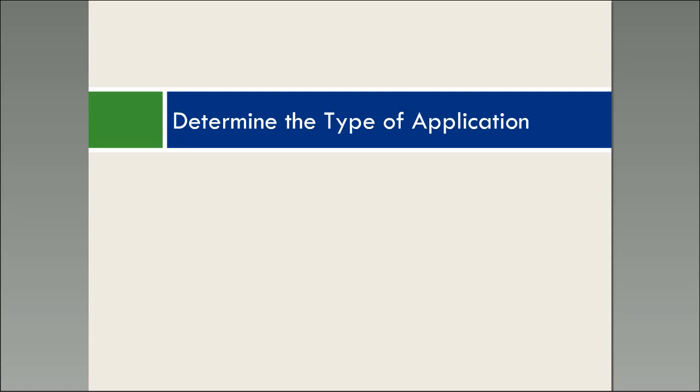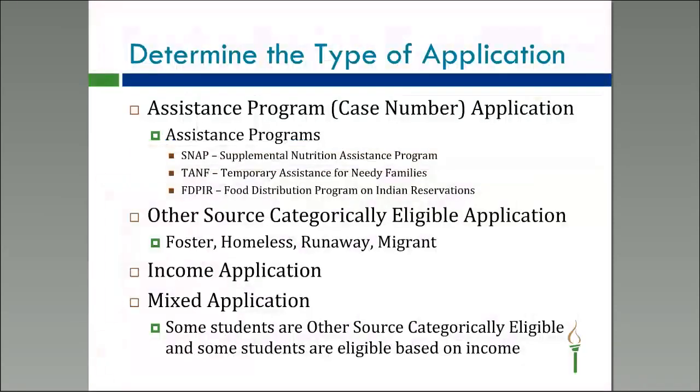The next thing you'll need to do when you receive the application is to determine which type of application it is. There are 3 main types of applications. The first is the Assistance Program or Case Number application. This is where they put a case number for SNAP, TANF, or FDPIR.